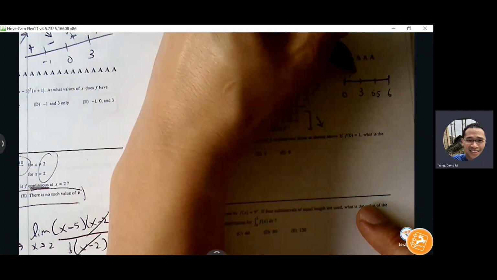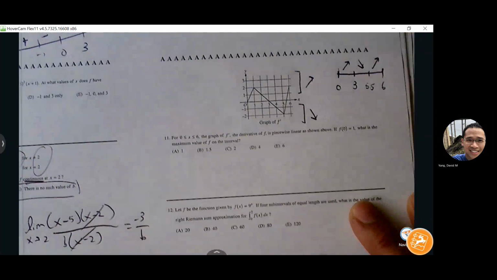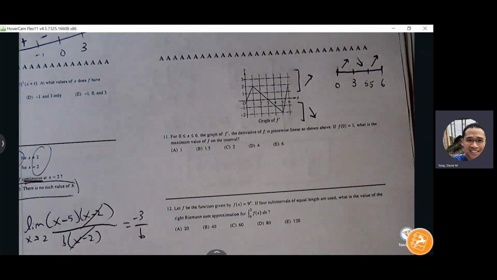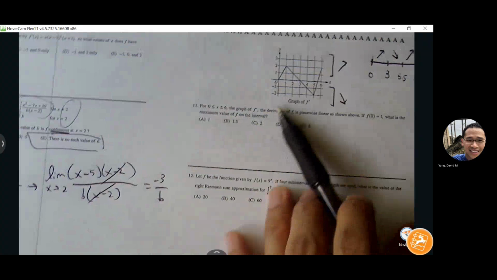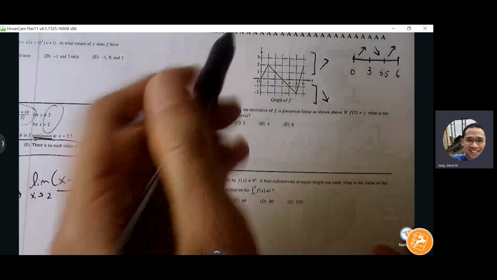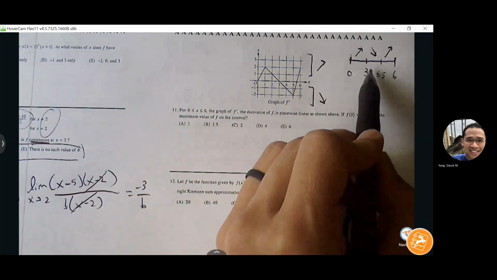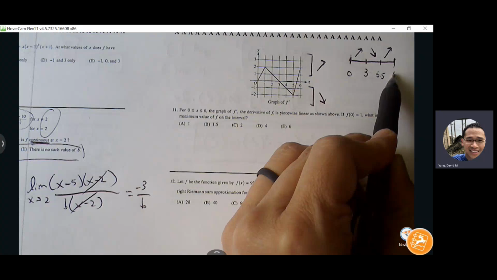Above is increasing. Below is decreasing. Above is increasing. So the maximum value could be at 3, but could be at 6 as well, right? If the graph is rising and falling and rising, my candidates are going to be 3 and 6.